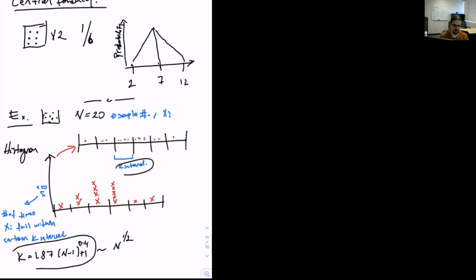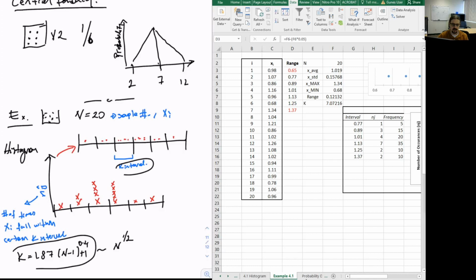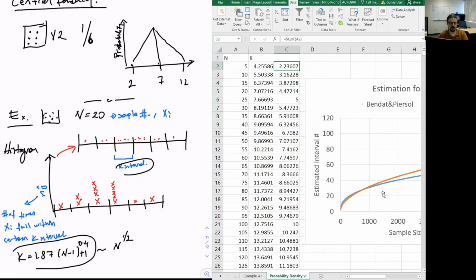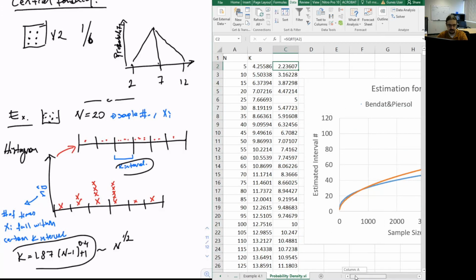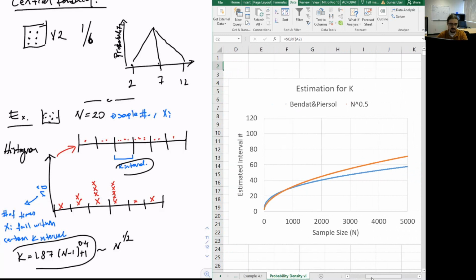Actually, one thing I also wanted to show, let's bring that back up, is the difference between the Bin-Pearson and the square root of n estimations. Bin-Pearson here is the blue, and the square root estimation is the orange.